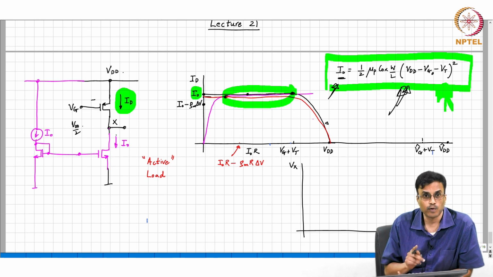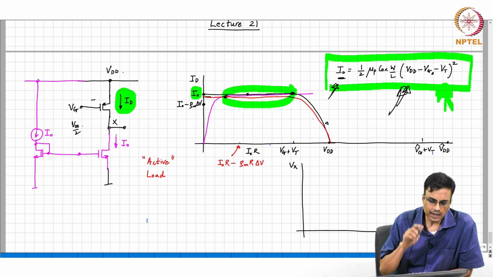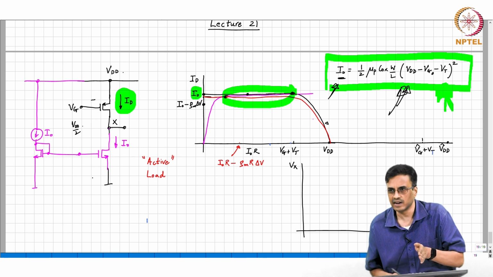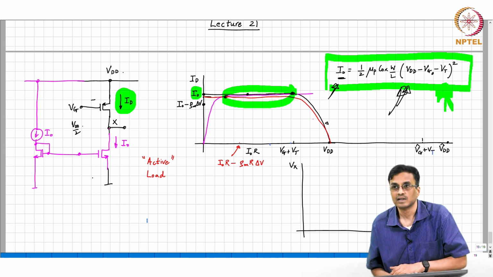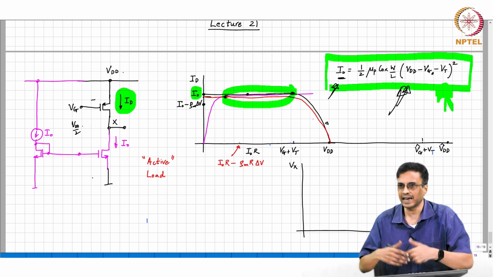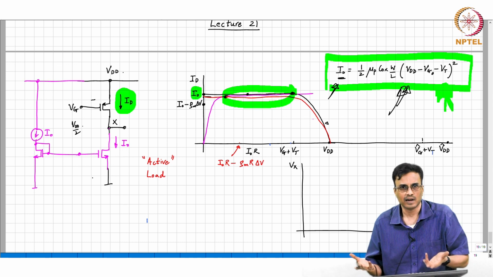When I naught flows, I mean the currents flowing in both the transistors are exactly the same, no matter what the region of operation is, correct? If the NMOS transistor is in saturation, the current that flows through its drain is I naught. The PMOS current has to be therefore I naught.